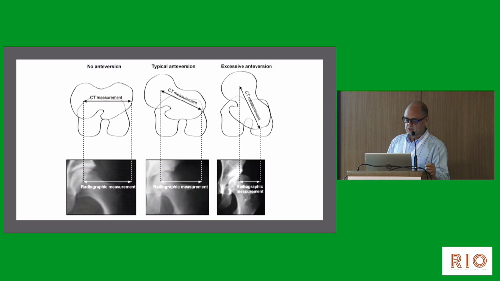As you can see in this no antiversion, typical antiversion, excessive antiversion, the offset also changes. So assessing it radiologically is very difficult. On table, it's very important. As I told you, the stability should be respected, and changing the offset will depend on your stability.